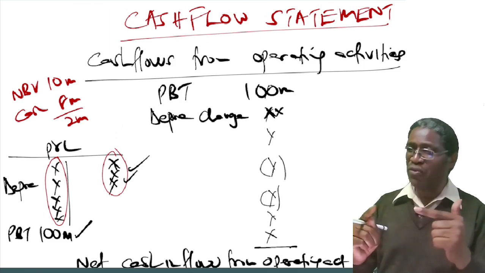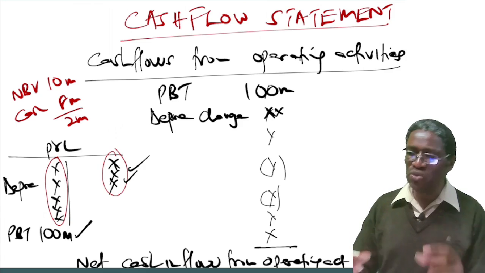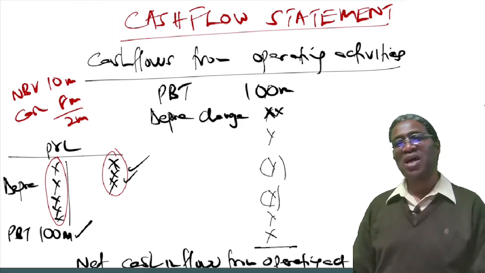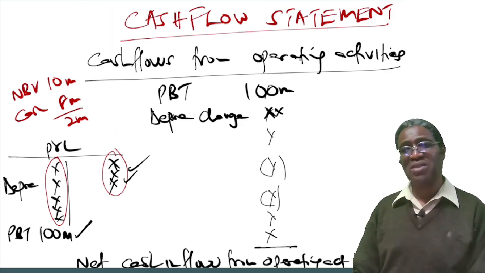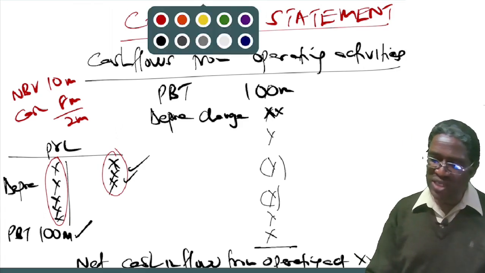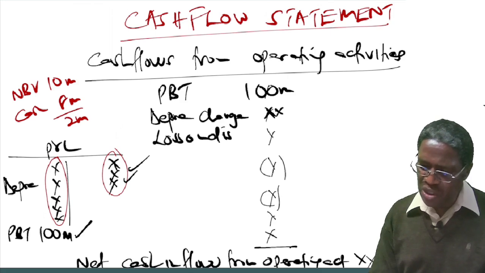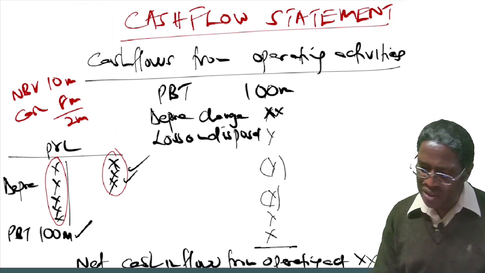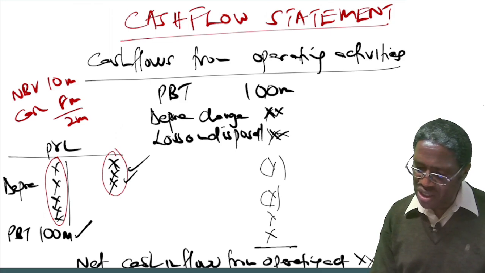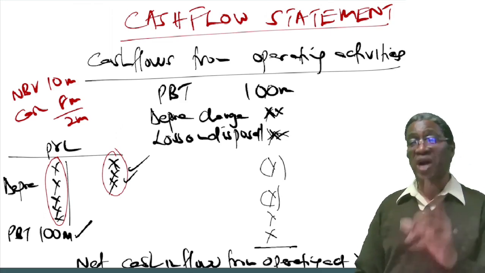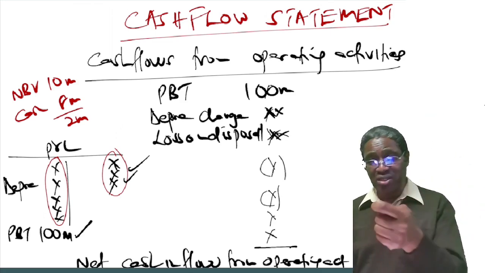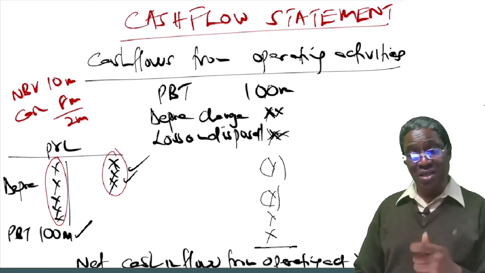It means, therefore, from the cash point of view, my expenses are overcasted. So if there is any loss on disposal, that should be added back, because my expenses are overcasted. When expenses are overcasted, profit is undercasted.